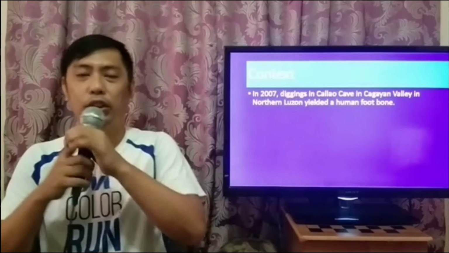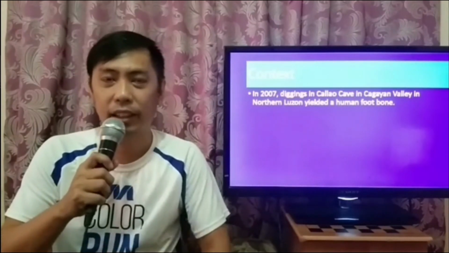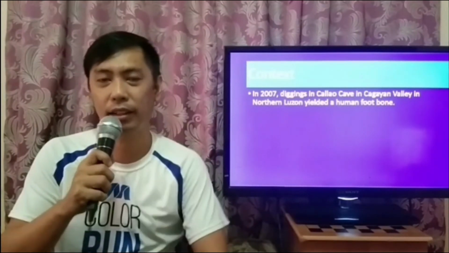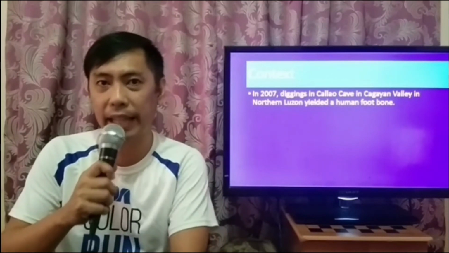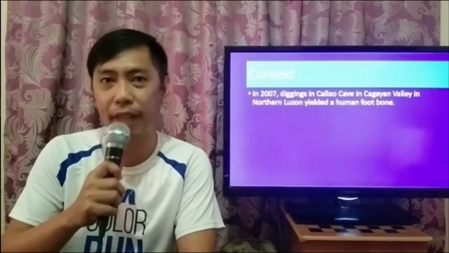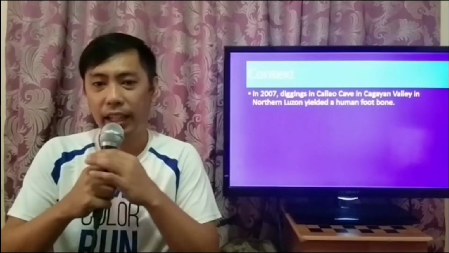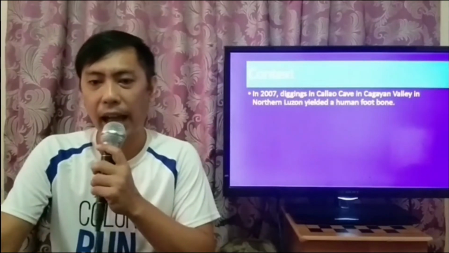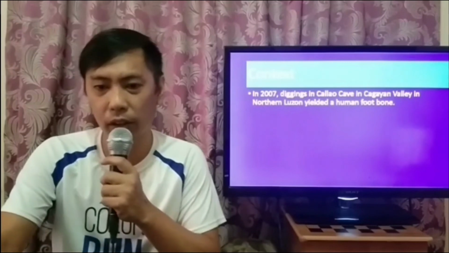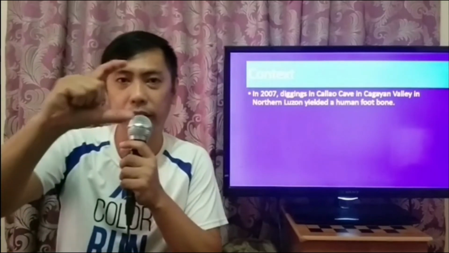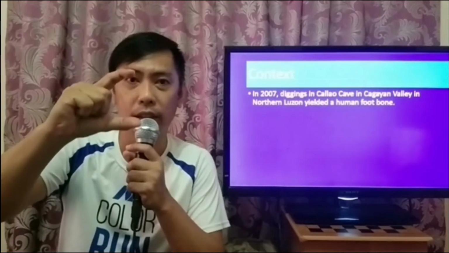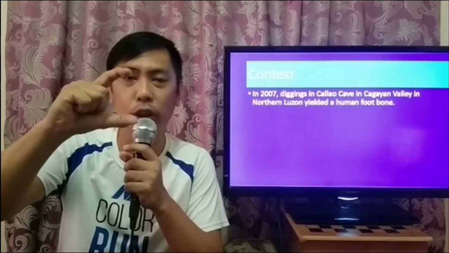So, here's more. In 2007, another excavation yielded some bones, this time in the Cagayan Valley, in the Callao Cave in northern Luzon. It yielded a human foot bone, this long only, so it must be a small human.